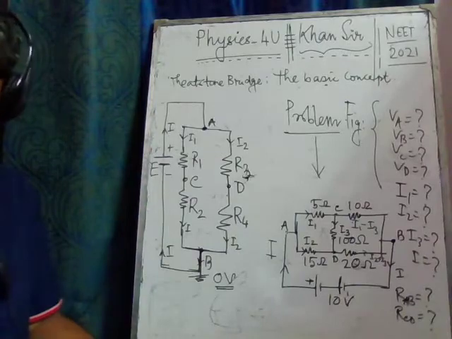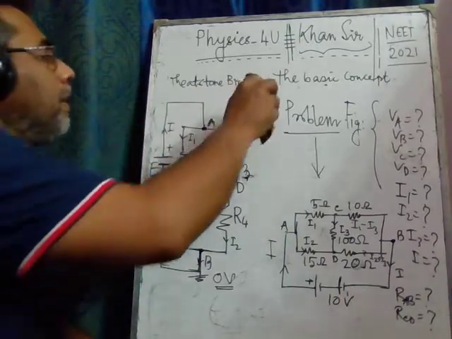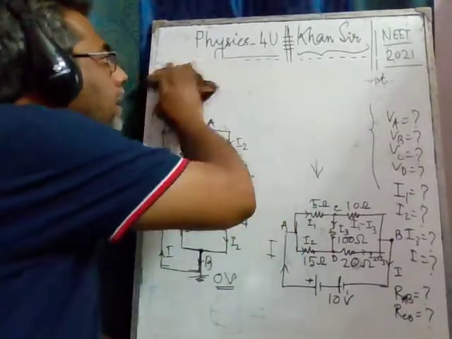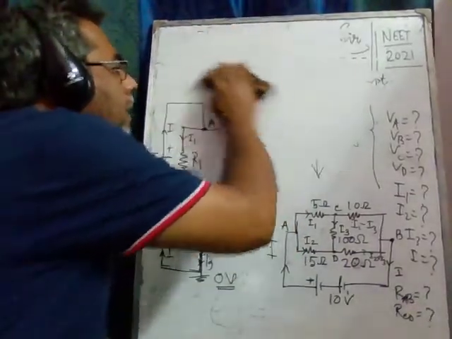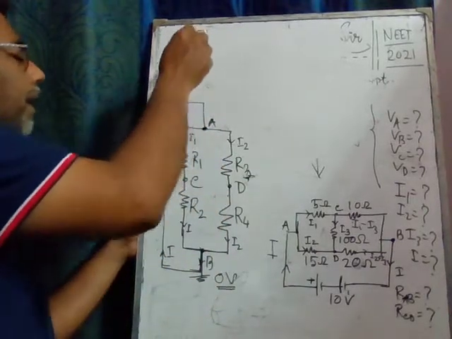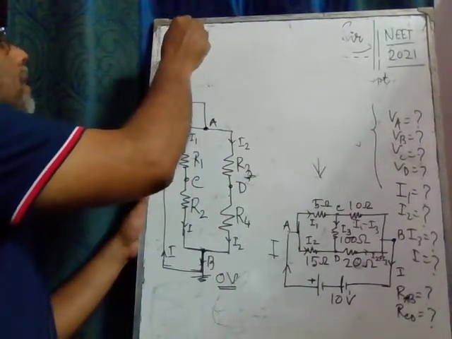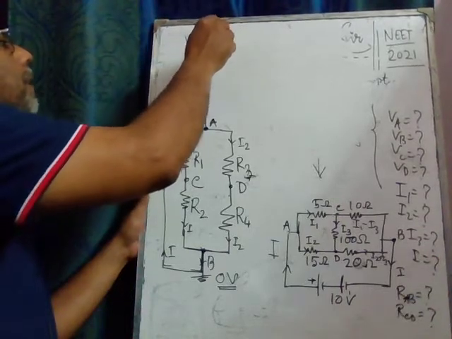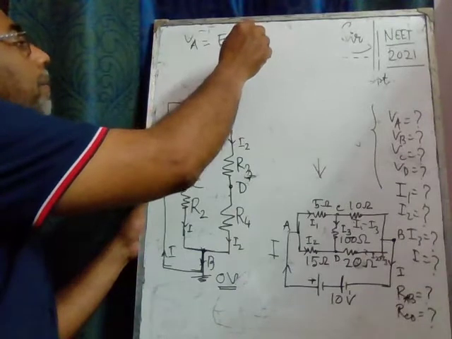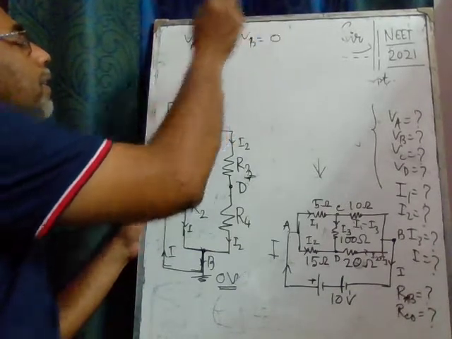So first of all, we can calculate the currents in the branches. What is current I? Say VA is how much? VA is E, and what is VB? VB is 0.